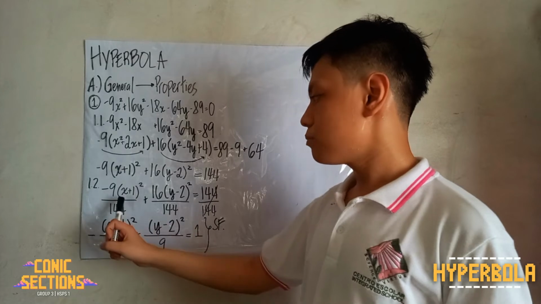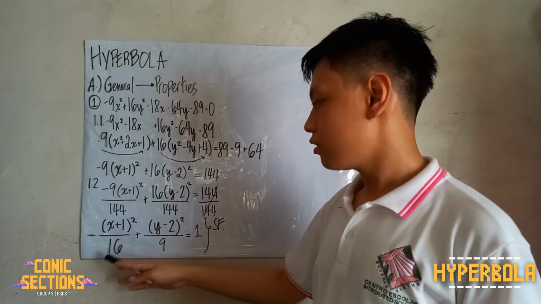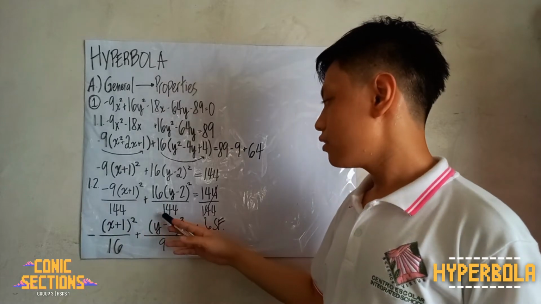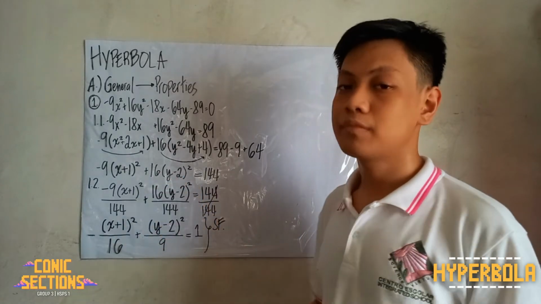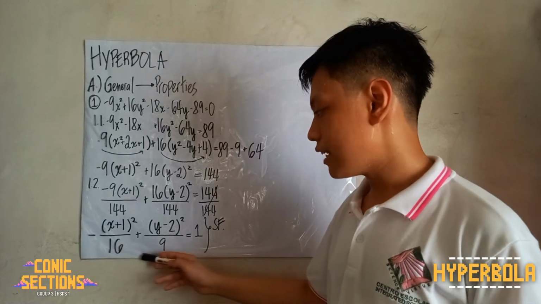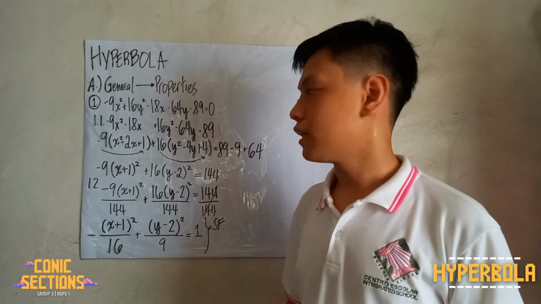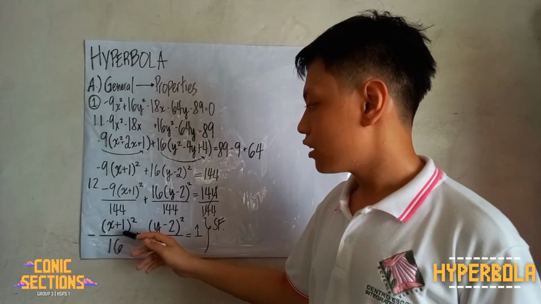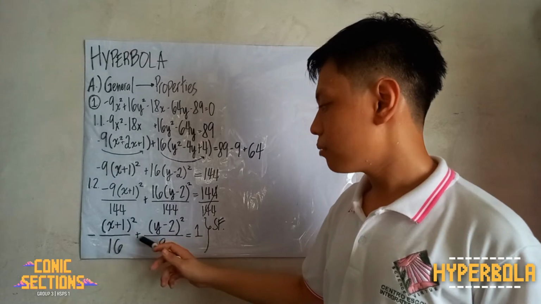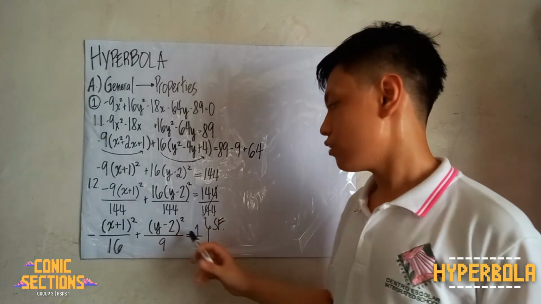Basically, what this means is that 144 divided by 9, you'll have 16. 144 divided by 16, you'll have 9. And thus, this is the standard equation of the item that we have. We have negative (x + 1)² over 16 plus (y − 2)² over 9 is equal to 1.